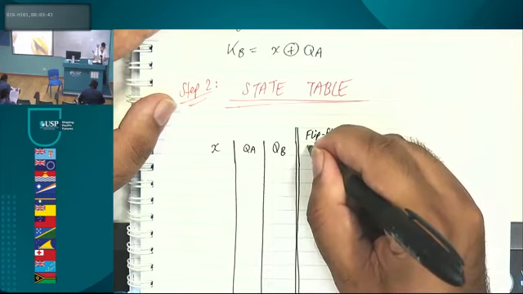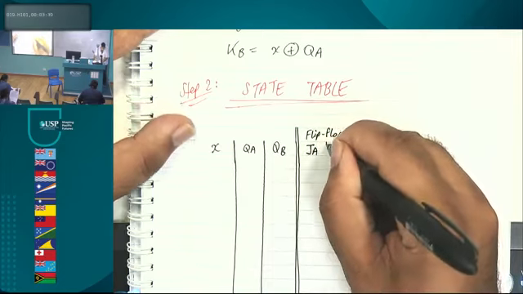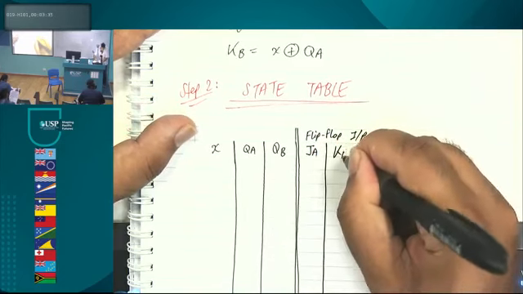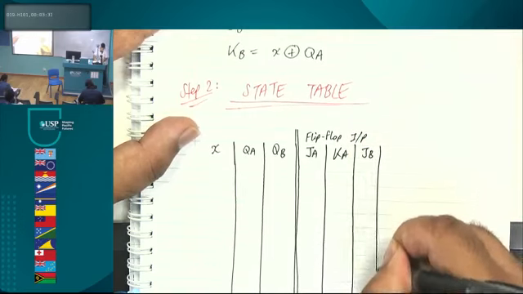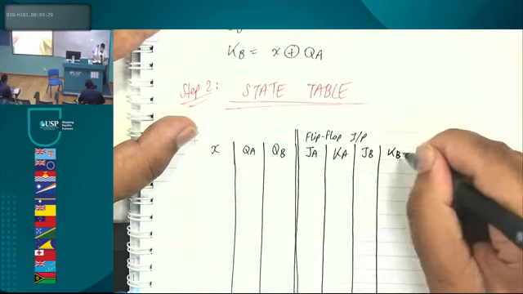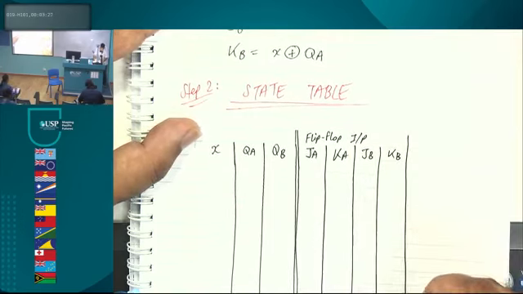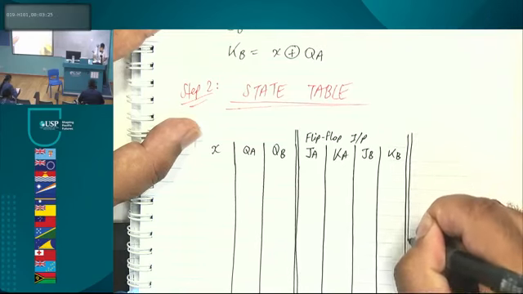What are your flip-flop inputs, guys? JA, KA, JB, KB.